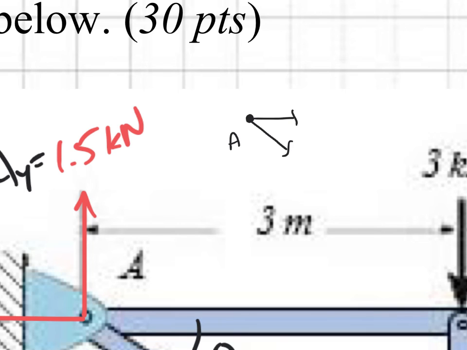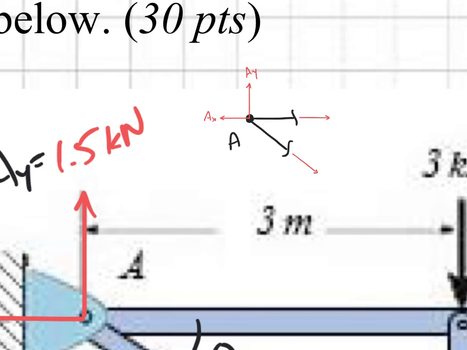Then I've got AY, and I've got AX going this way. Then I've got these members pulling this way and this way. They may not be pulling, but I'm assuming they're pulling.